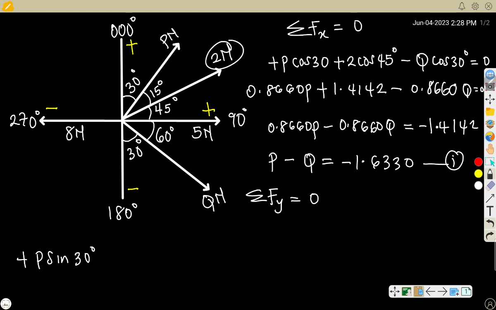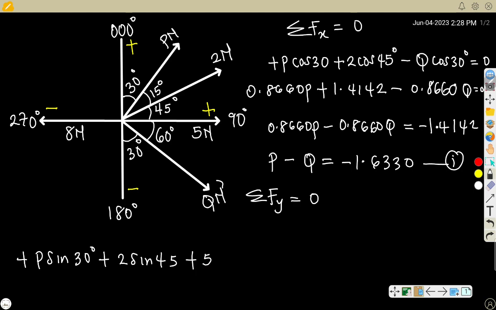For 2, the angle is 45, so that is 15 plus 30. To the vertical it is also plus, so that will be plus 2 sine 45. Then this 5 is on the vertical and it is plus, so that will be plus 5.